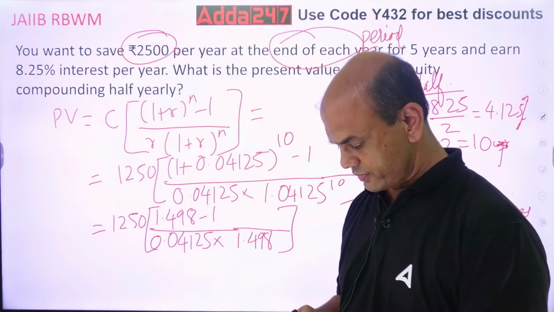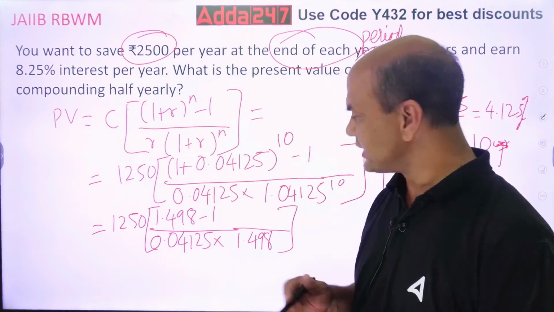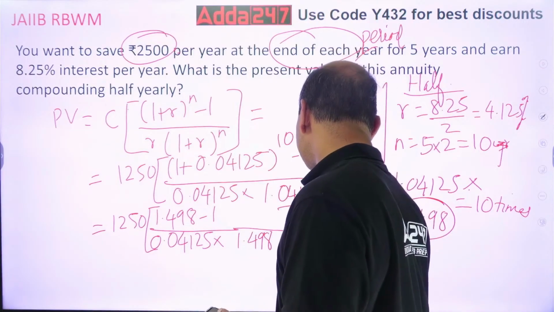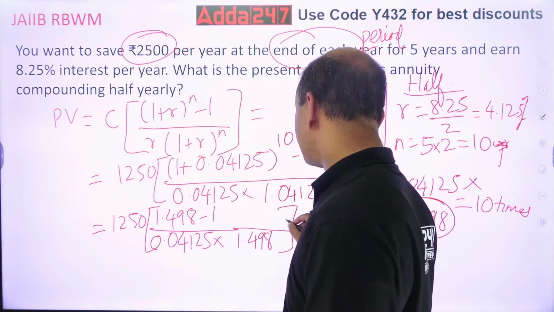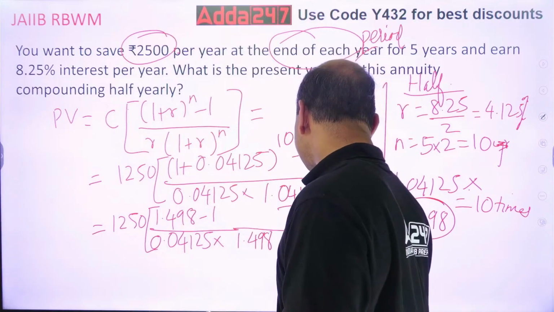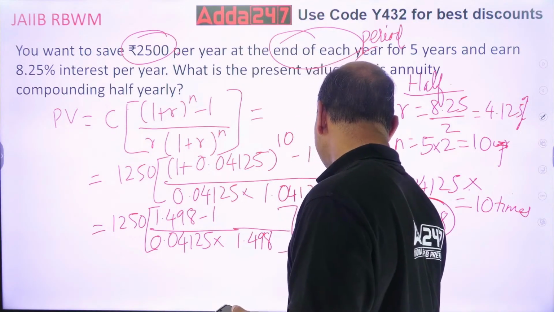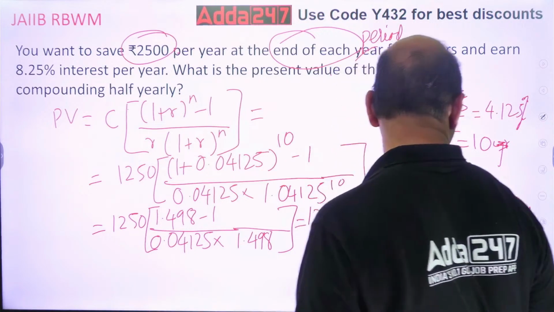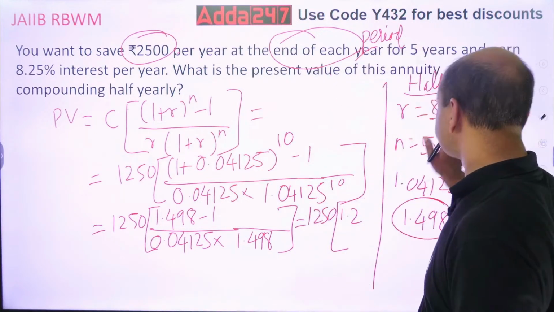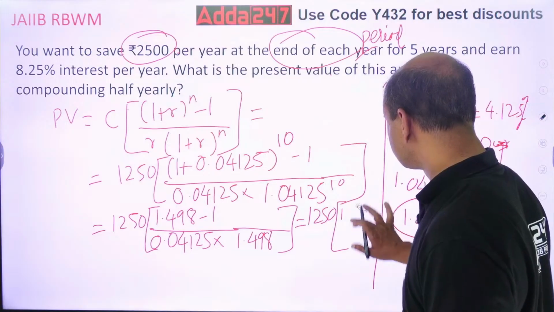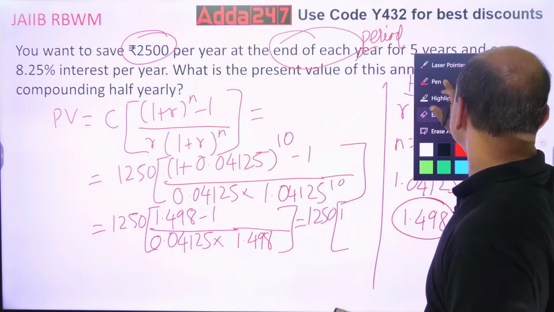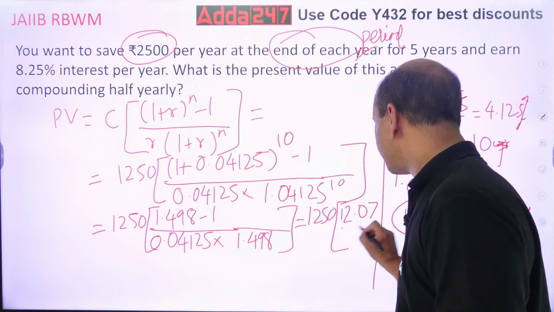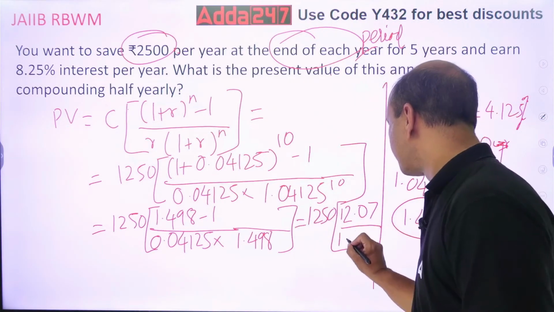0.04125. So 12.07. This answer is, see, I'll write it over here. 12.07. Shall I write it separately? 1250 into 12.07 divided by this answer, 1.498.